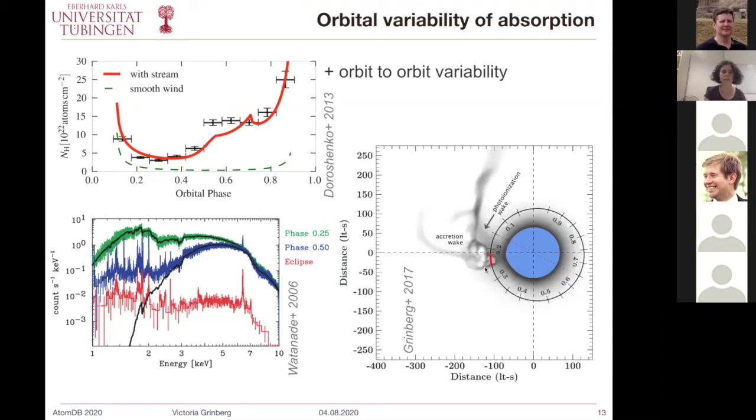It's again the same idea of a high mass X-ray binary, a neutron star, a normal star, wind structure, and this thing absorbing. And we are looking at the source at orbital phase 0.25. This is where absorption is the least, because all this large-scale structure is not in our line of sight.